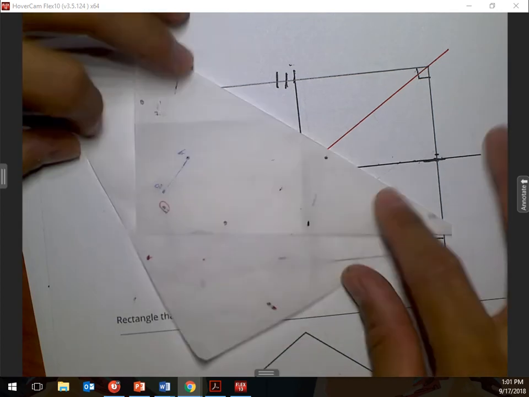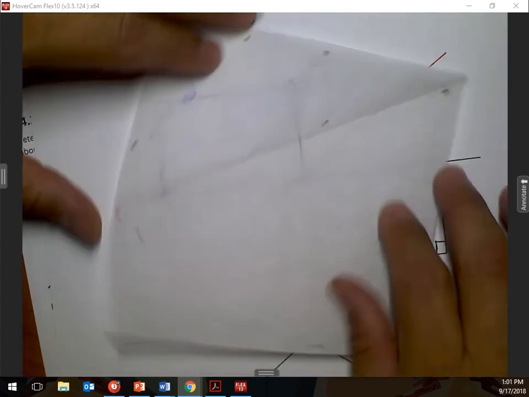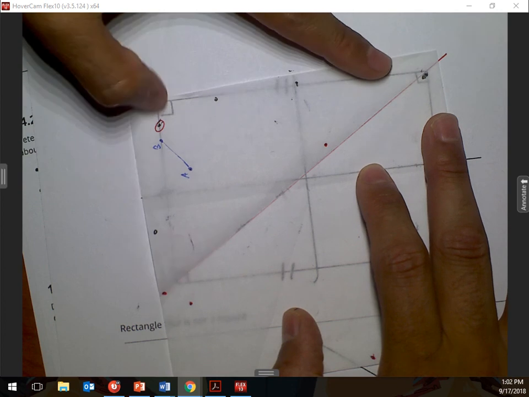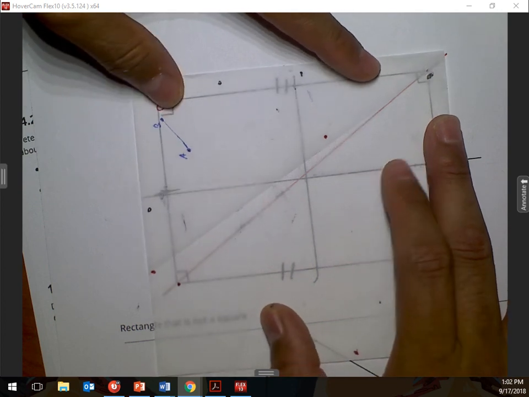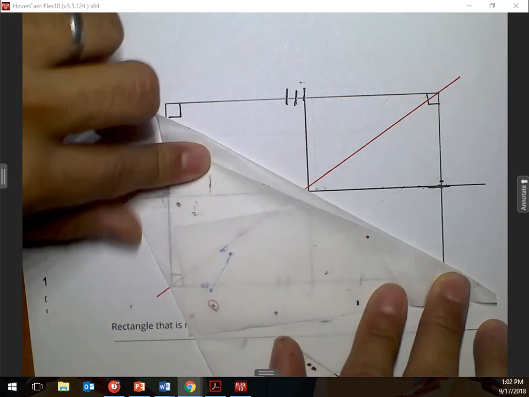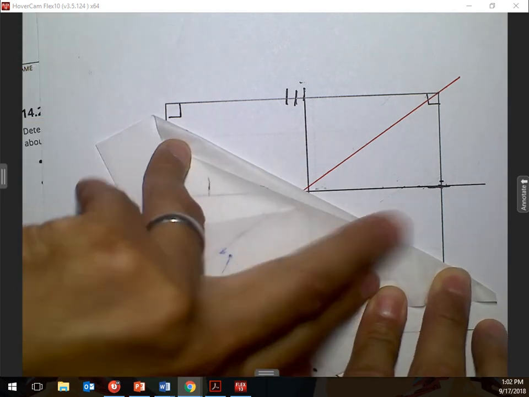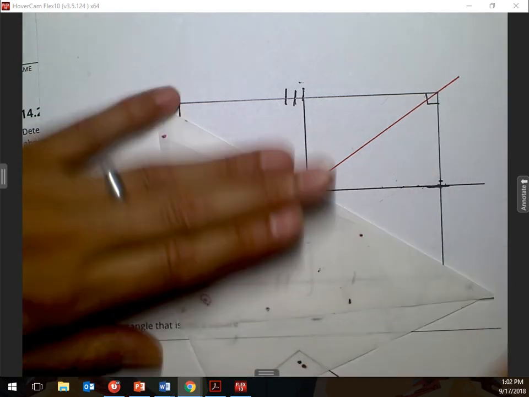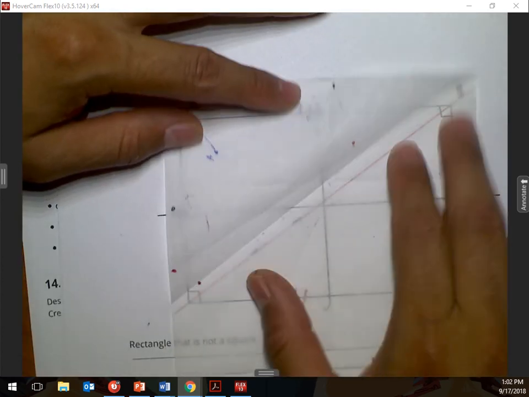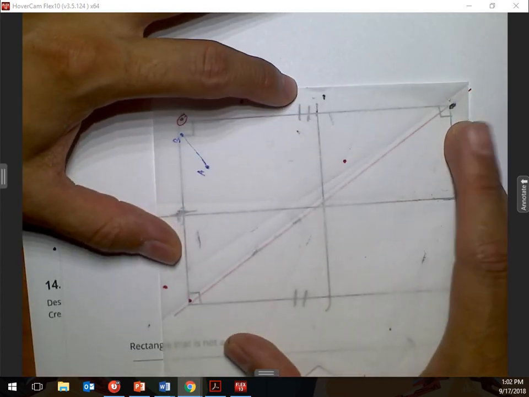okay, so I have my line here. So there's my line for my symmetry here. Oh, I folded it the wrong way. There you go. Now let's try that. So I have my 2 points.